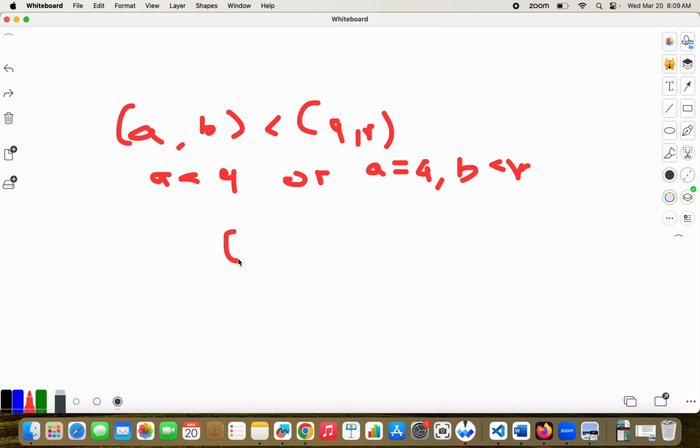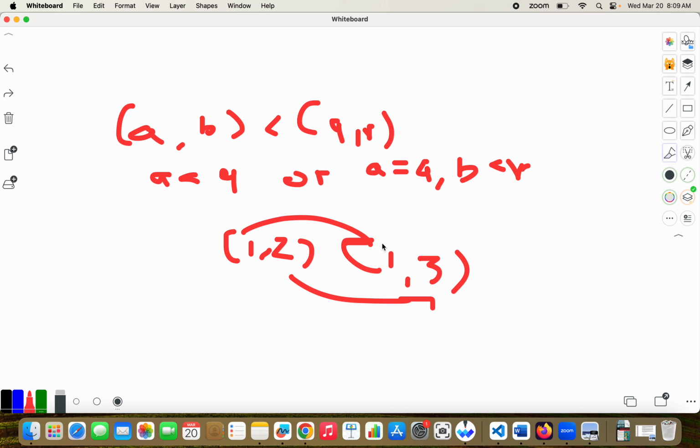So for example, (1, 2) and (1, 3): b is less than r and a is equal to q. So it's either this situation or this situation. If this is not less than, then they're equal. If this is greater, then it's not less than.